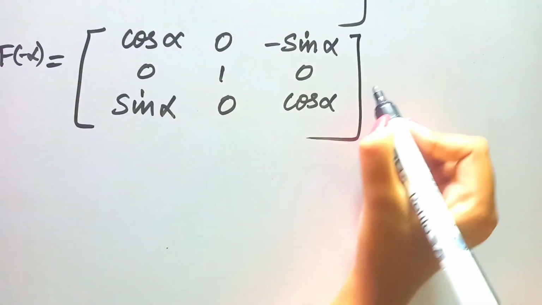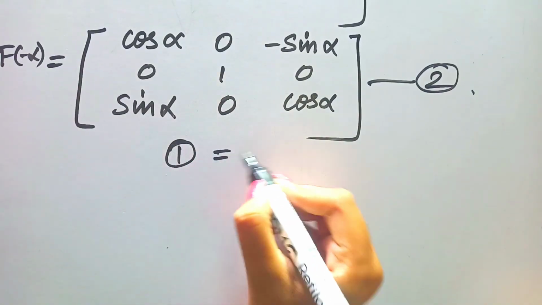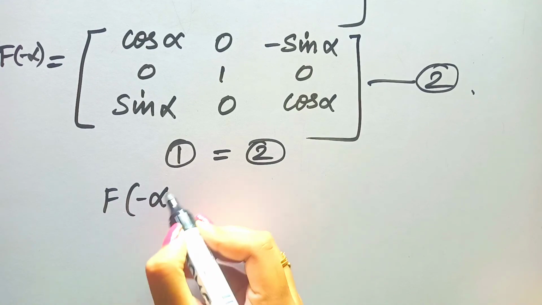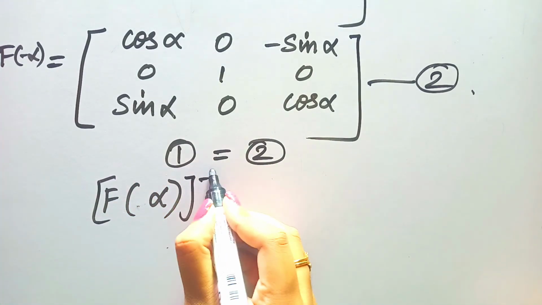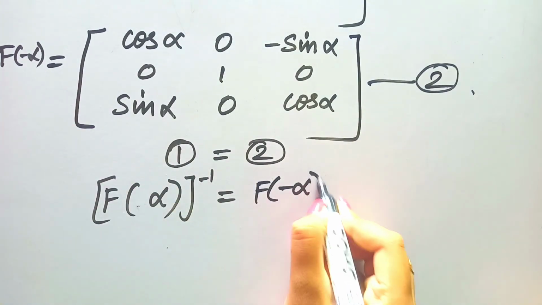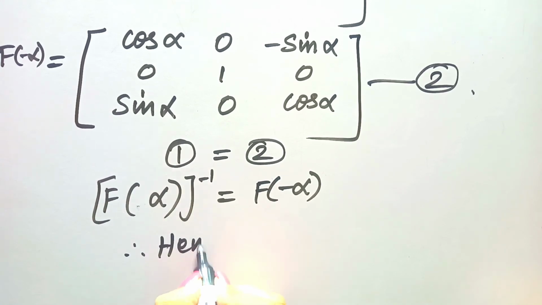These both are equal. Let's take this as equation 2. So equation 1 is equal to equation 2. What is equation 1? That is f of alpha the whole inverse is equal to f of minus alpha. So this is what we have to prove. Therefore, hence proved.